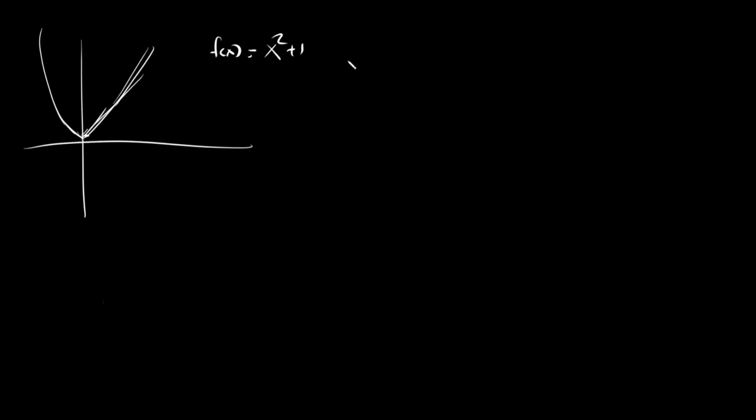First we want to find a point. Let's take the point at x equal to 1, so P is at 1 and 2.